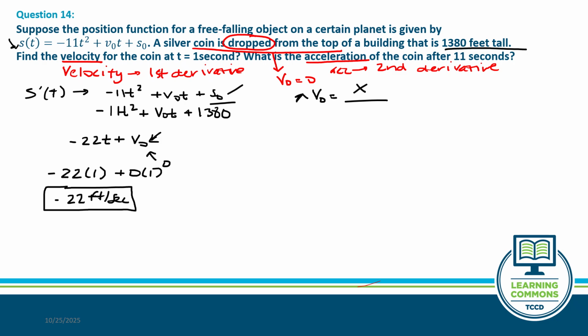Okay? Now coming over here to acceleration, you are taking the derivative of negative 22t plus v0. So to take the derivative of this, it's just going to be negative 22, and that's it.